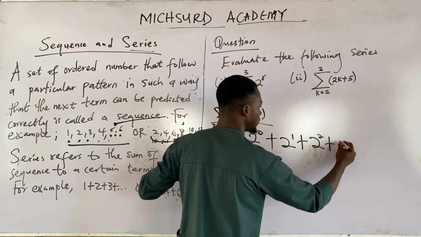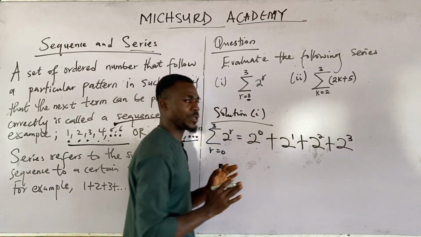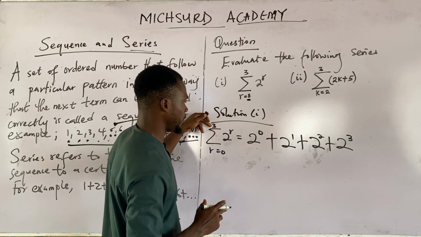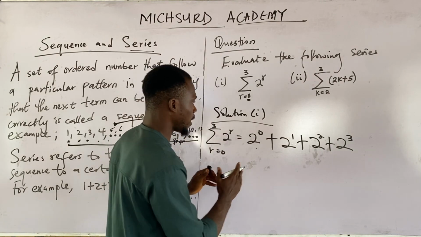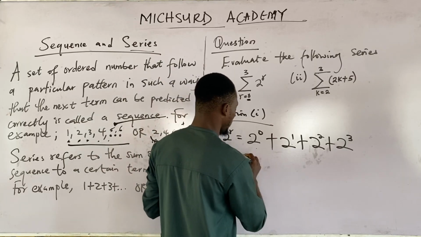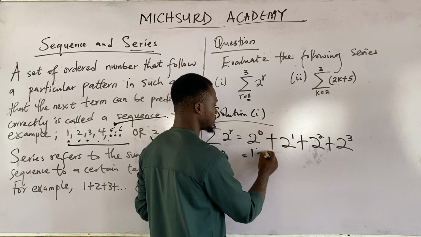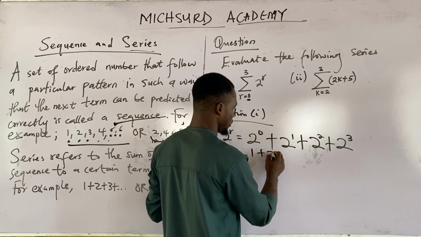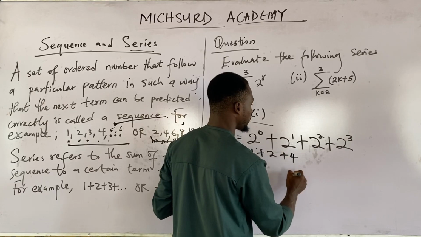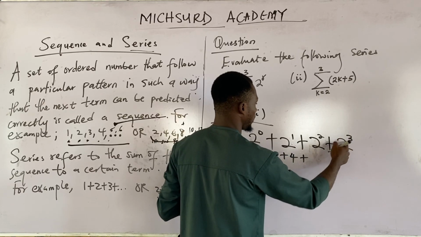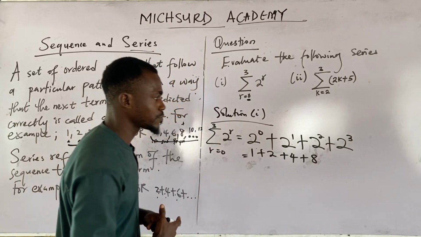Then we add again, we have 2, then r changes to 3. We stop here, because from the formula we are stopping at 3. So we stop here and evaluate. 2 raised to power 0 is 1, 2 raised to power 1 is 2, 2 raised to power 2 is 4, and 2 raised to power 3 gives us 8.